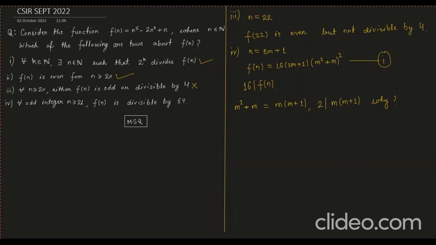Reasoning is very simple. If m is odd, then m plus 1 is even. Hence m times (m plus 1) is even, right? And if m is even, then clearly m times (m plus 1) is also even.